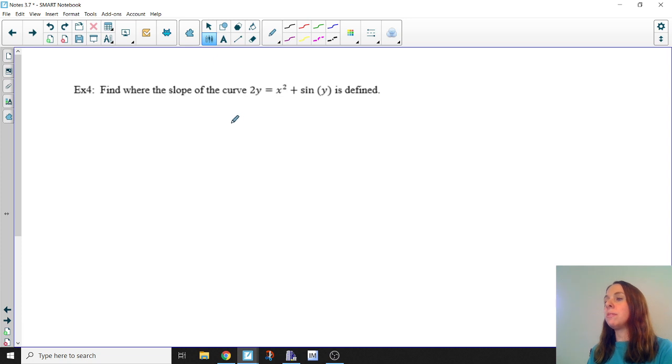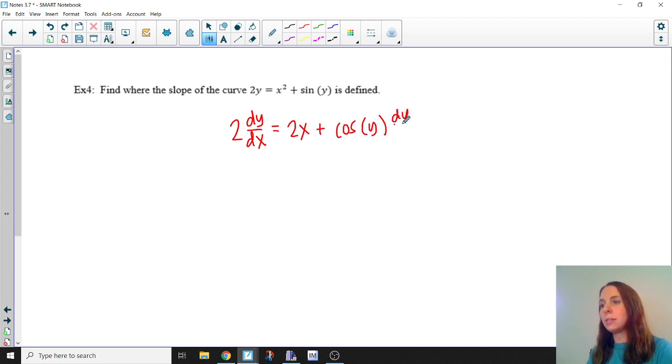Implicitly, the derivative of 2y is 2 dy over dx. The derivative of x squared is 2x. The derivative of sine of y is cosine of y dy over dx. Now, we have two terms that have a dy over dx in them, and they are on opposite sides. So we need to bring them together.